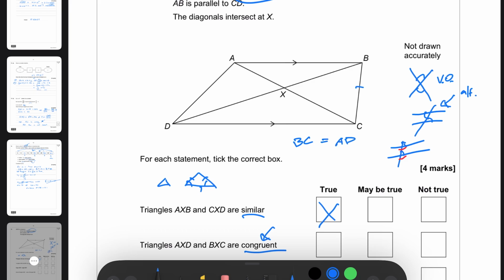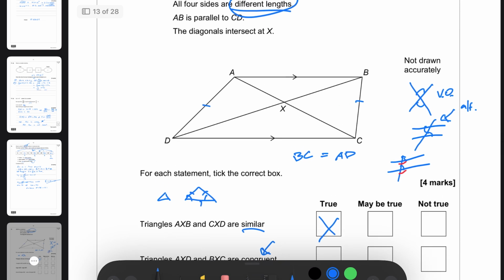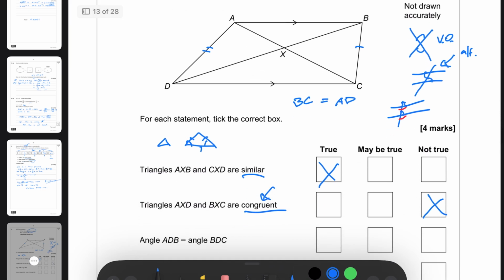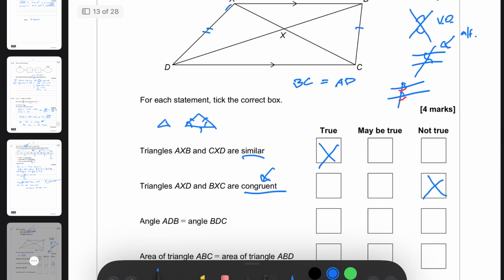So since triangle AXD has AD in it, and triangle BXC has BC in it, we know that those triangles are always going to have a side that is not equal, which makes it not true. Otherwise, if these sides could have been the same, we could have said that it may have been true, but that's not true at all, since they will always have a side that is not going to be equal. So this is not true at all.